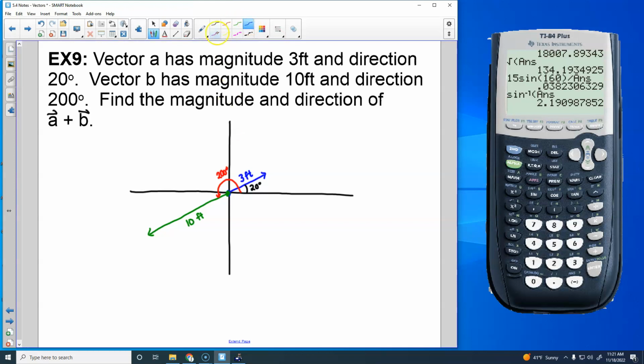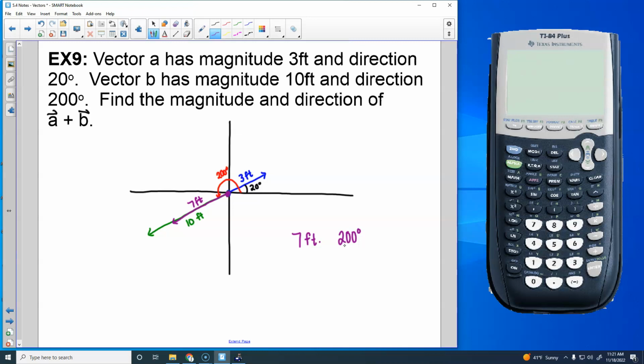Your resultant vector would go in the direction of the largest vector, but you would subtract the two forces, so you'd have 7 feet. They just told us the magnitude was in feet. It would make more sense if it was like newtons if it was force, but they just told us feet for some reason.